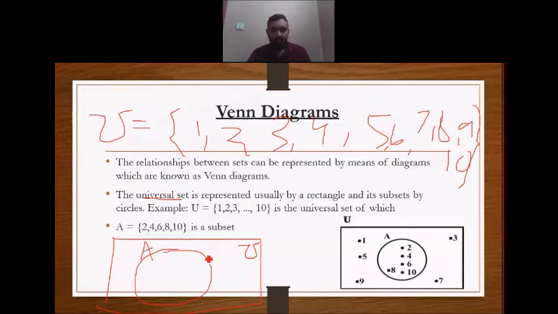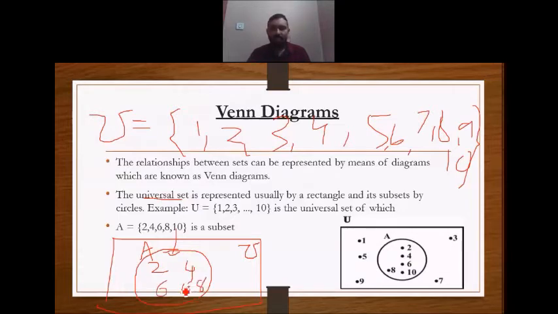Now, what does this set A contain? The set A contains the elements 2, 4, 6, 8, 10. So put these elements inside this circle, since they are inside it. Write here 2, 4, 6, 8, and 10.